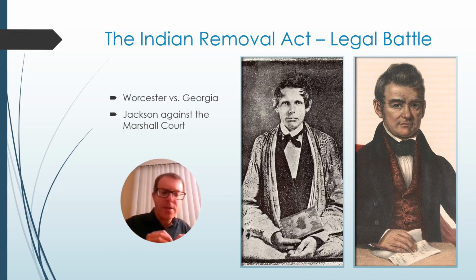And so the Cherokee Nation used this case to say, no, Georgia has no sovereignty over the Cherokee Nation. Only the federal government can enter in negotiations with the Cherokee Nation. And so the Cherokee Nation works this case through the U.S. legal system and appeals the case all the way to Supreme Court, arguing again that Georgia has no authority within the Cherokee Nation.